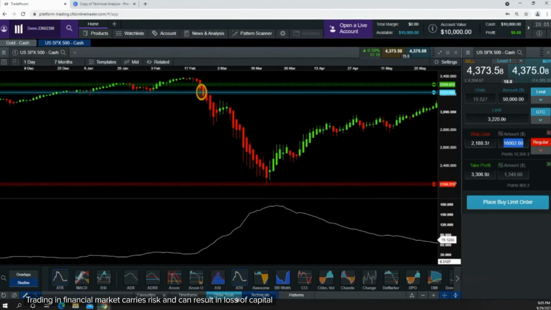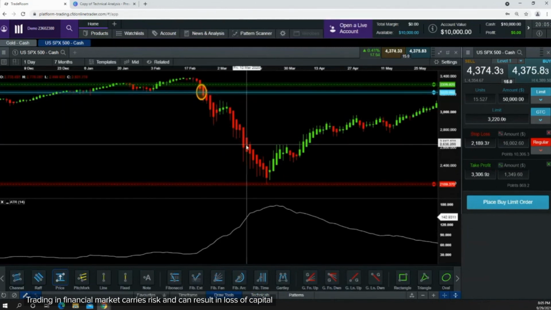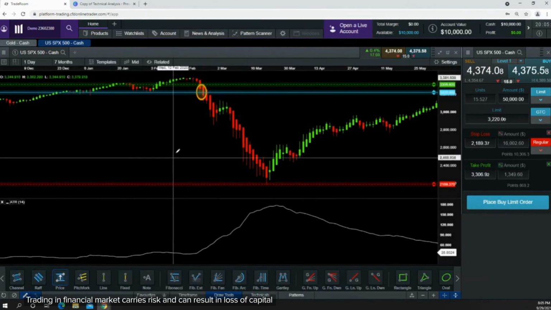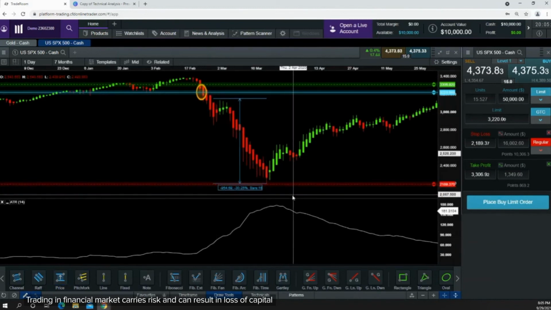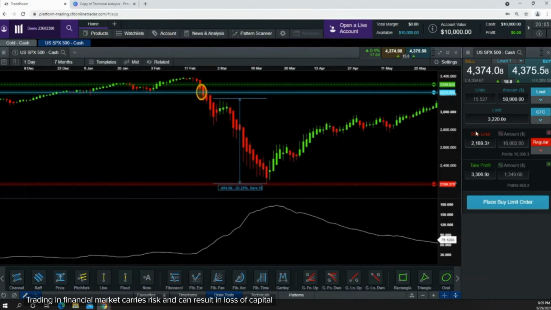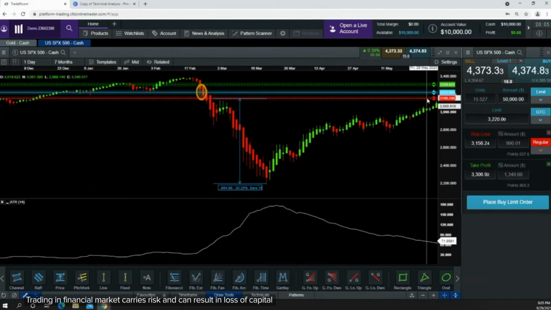And this drop, from the place you entered, would have been roughly a 30% drop. So a 30% loss is something you could have avoided if you had just kept a stop loss as per the ATR.